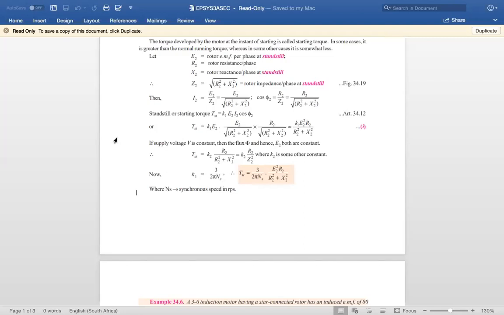Now, at standstill, we find that the torque is proportional to K times E2 times I2 cos phi. If we substitute in the formula, we get K E squared R2 over (R2 squared plus X2 squared).